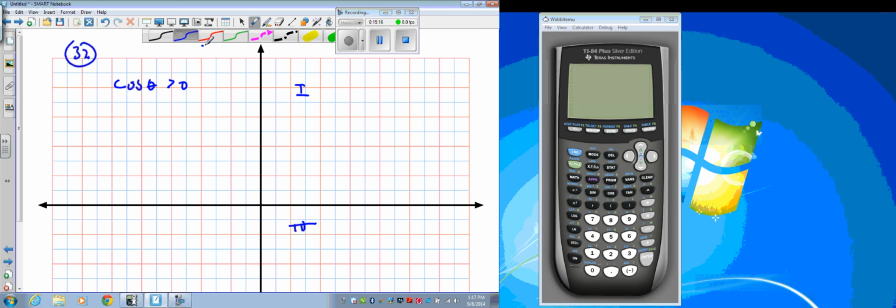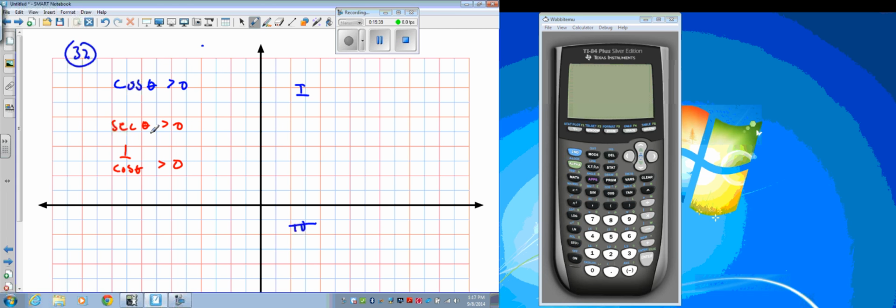Now I'm going to go to the next one. It says secant is positive. Now, turn your secant into its equivalent reciprocal identity. Secant is what? 1 over cosine, right? So it's saying 1 over cosine is positive.